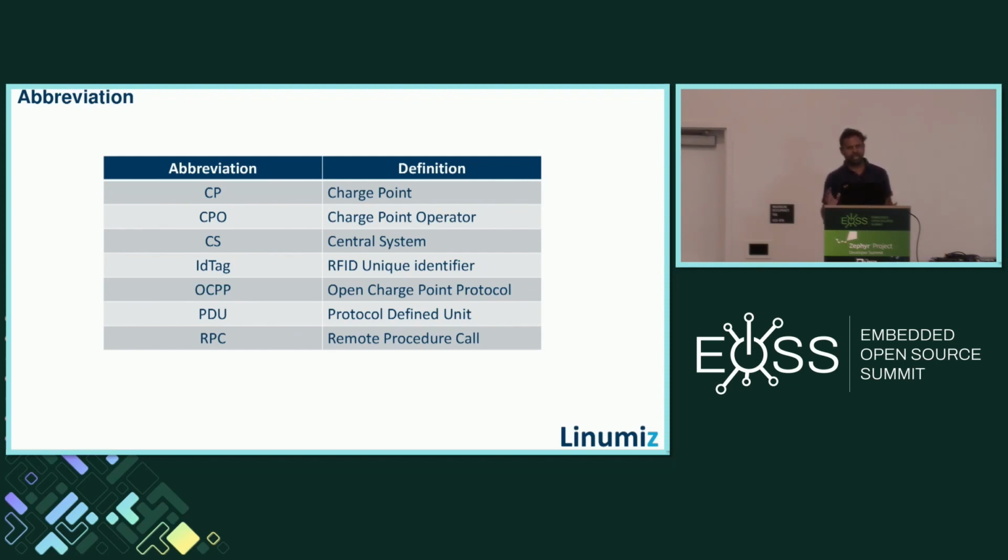CS is the backend system, the central system, and then ID tag is a unique identification used to identify the user, maybe an access card from which we can read the ID tag. OCPP is the Open Charge Point Protocol. Then there are two kinds of messages framed by OCPP: the PDU, a protocol data unit, and RPC, which we will see in the next slides.